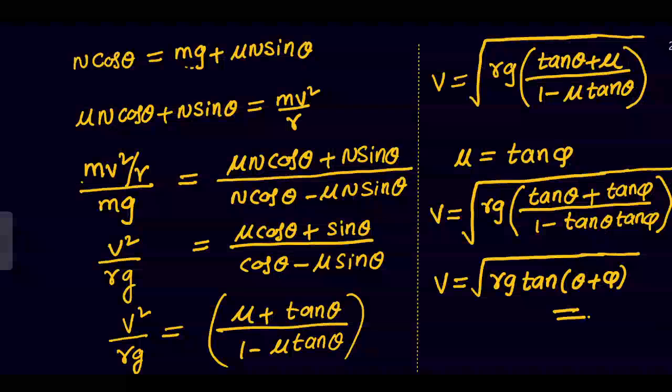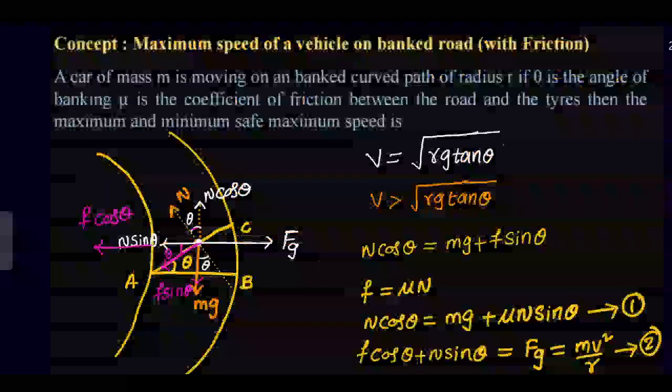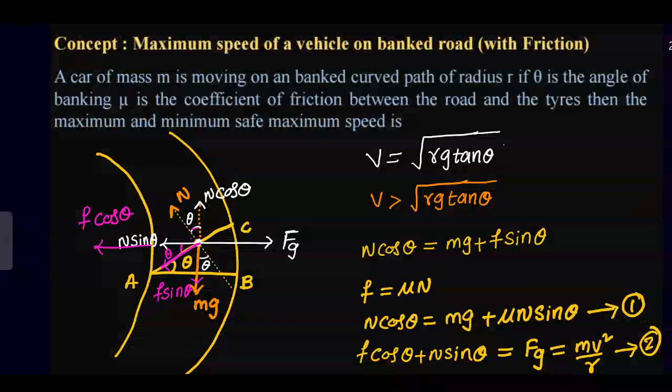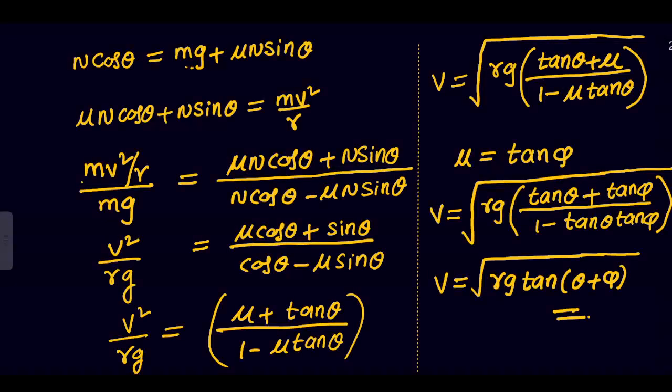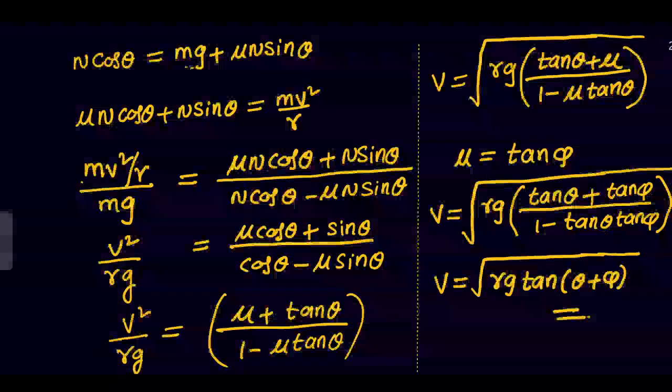So in this case, if you observe carefully, if the velocity is greater than the square root of Rg tan theta, which we have taken, that's why friction is inside. If the velocity is less than that, then the friction is outside.